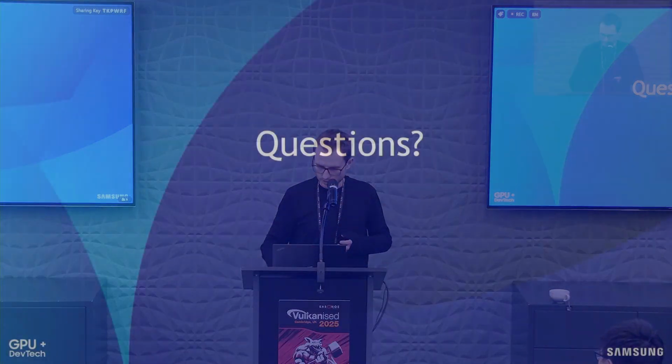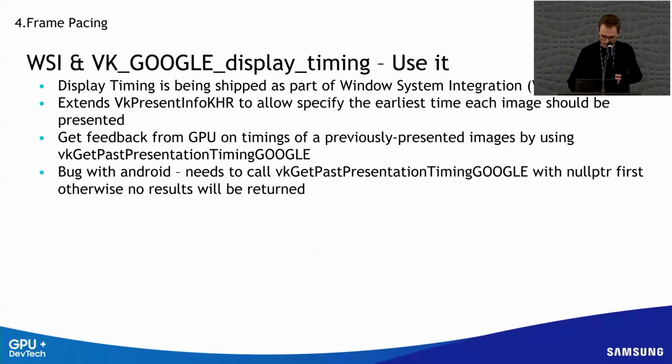I think this would just have to be the last question, I'm afraid. The frame pacing part seemed to be going too fast. So do we have a one sentence summarization of the suggestions? Yes. Use the Google Display Timing extension.